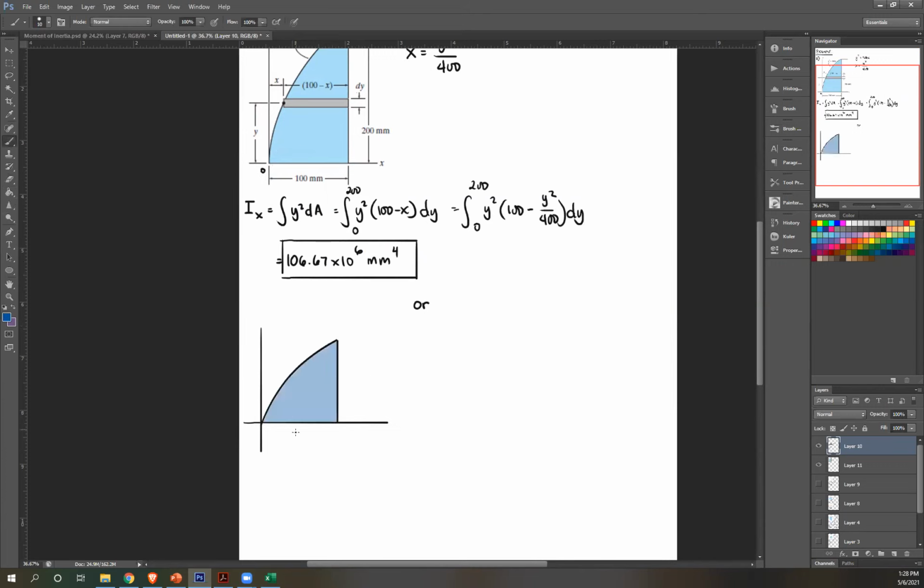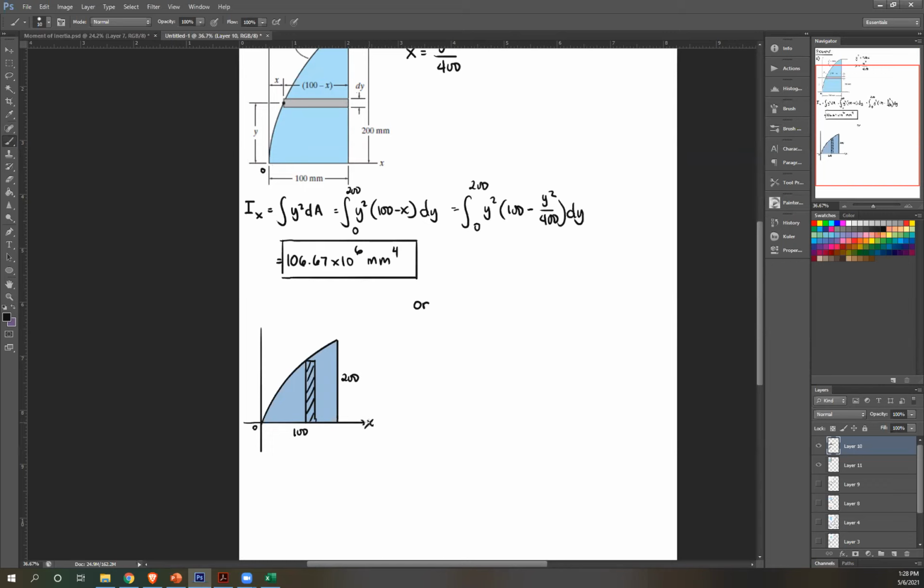So there, this is 100, 0, 100, 200, and then we'll take a vertical element. What's going to happen there? So what happens here is that the distance of the portions of our element is not constant relative to your x-axis.